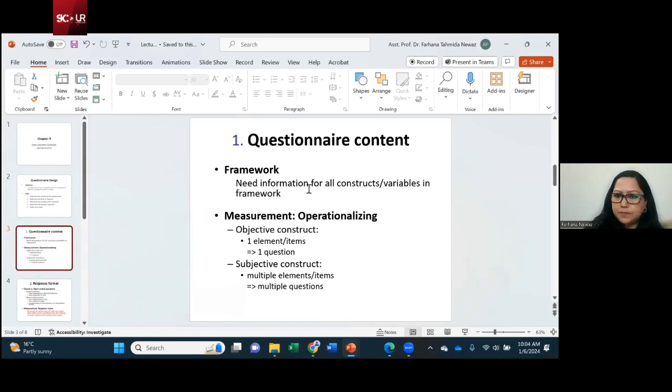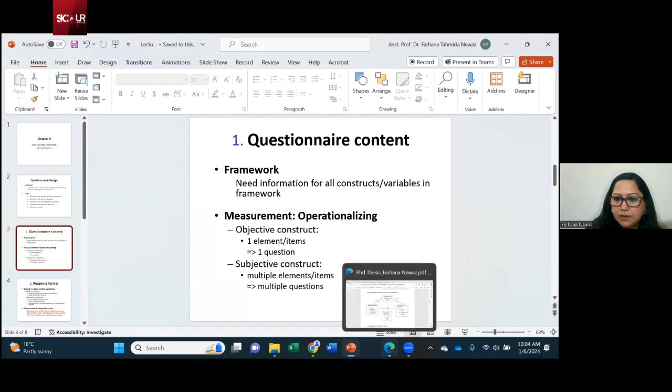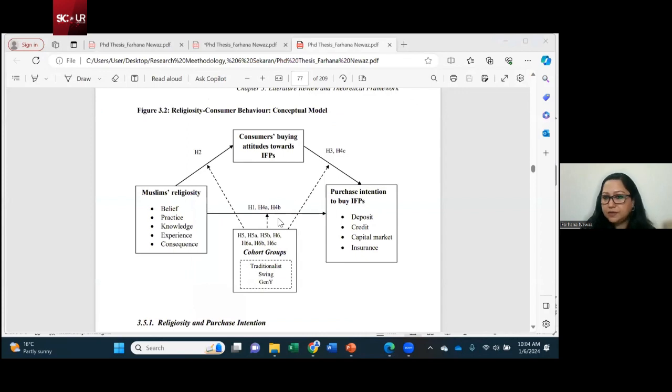Suppose this one is your conceptual model. When I look into it, I already know what my variables are: my independent variable, my dependent variable, my mediator and my moderator.